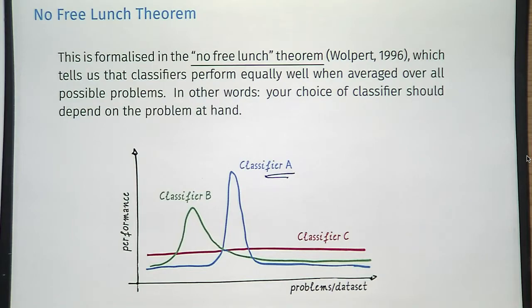Don't treat it as gospel. You have to read the paper to really understand what the implication is. The implication I'm giving you is the one you should keep in mind: don't say that classifier A is always better than classifier B and C. In theory, they all have their strengths.